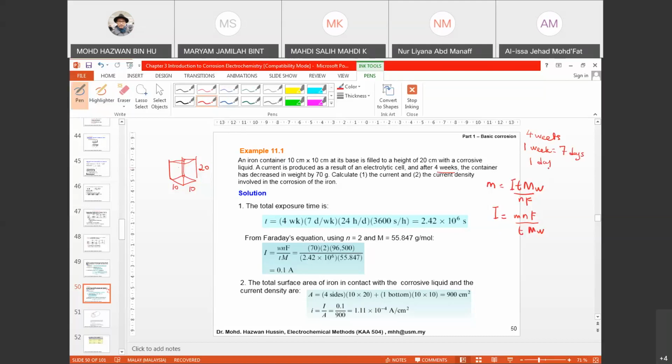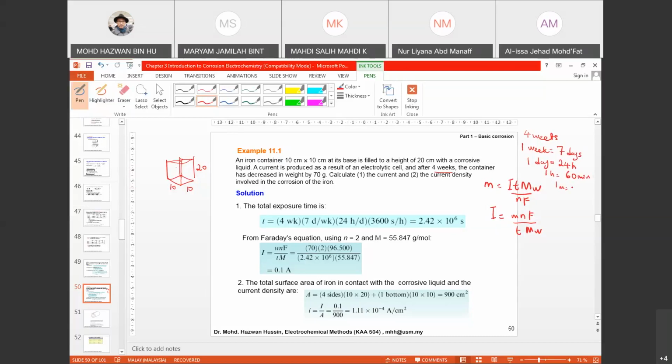Equal to how many hours? 24. 24 hours. 1 hour is equal to how many minutes? 60. 60. And 1 minute equals 60 seconds. 60 seconds. All right. So you can do the conversion.